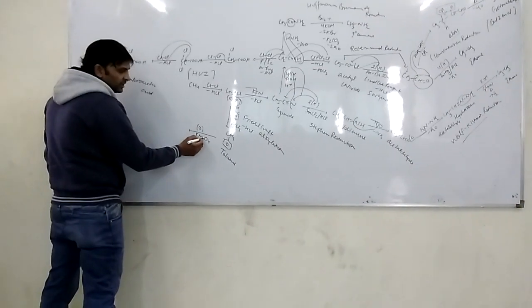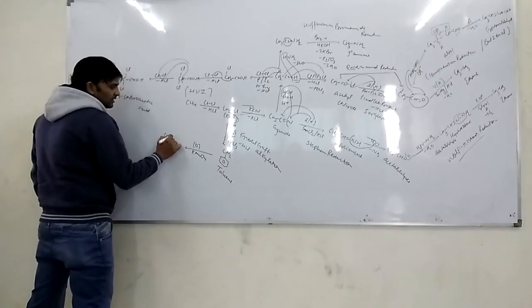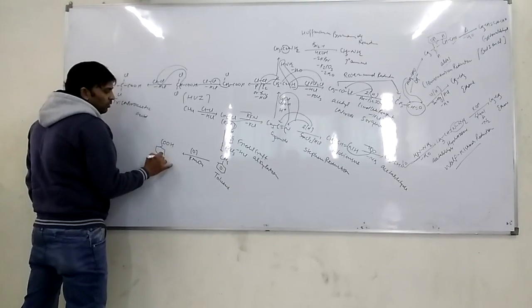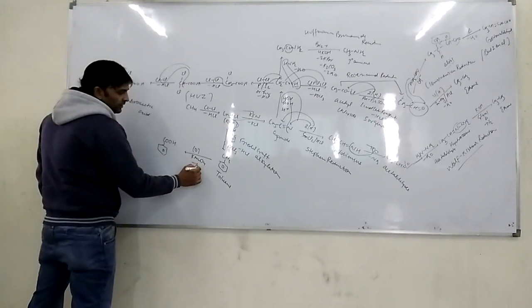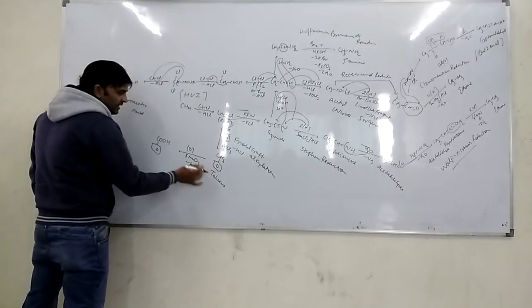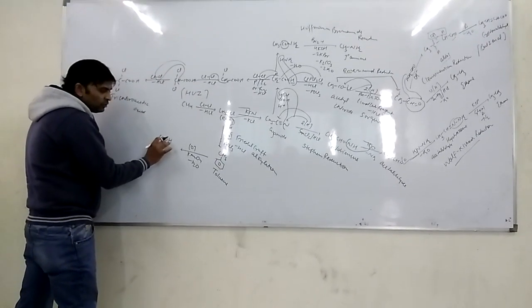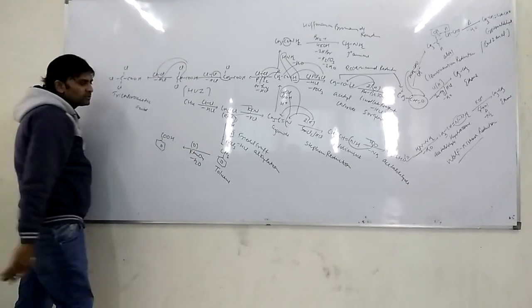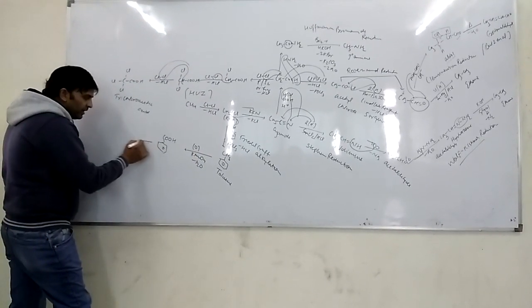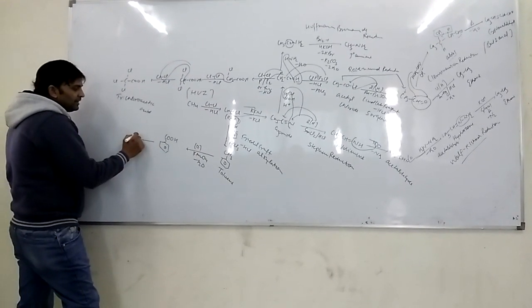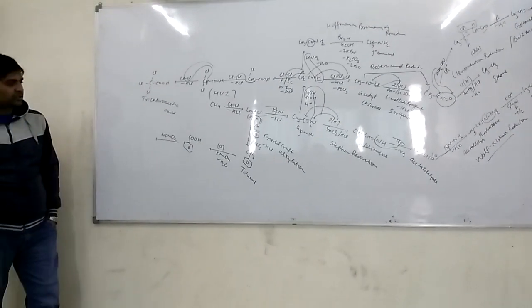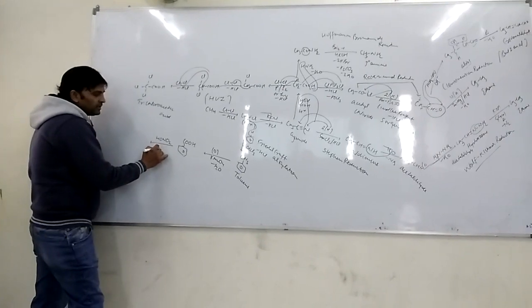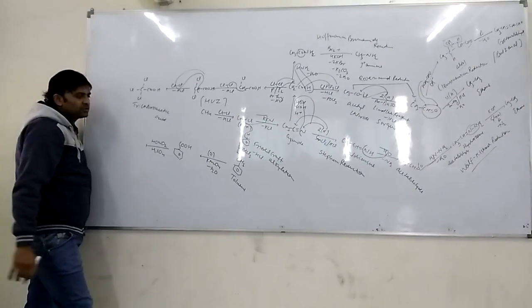This is oxidation, and this CH3 is converted into COOH, benzoic acid. By the loss of water molecule, this CH3 is oxidized into COOH in presence of KMnO4. Now if this benzoic acid undergoes nitration, it is the reaction of HNO3 in presence of concentrated H2SO4.